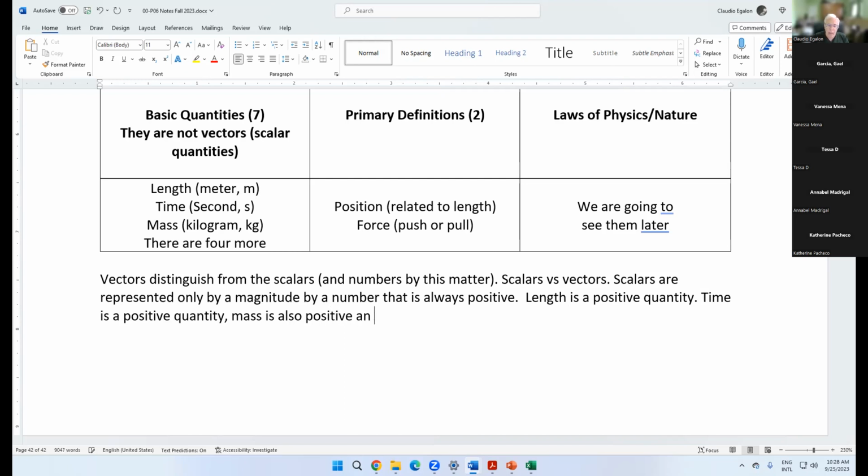And none of these quantities have a direction.